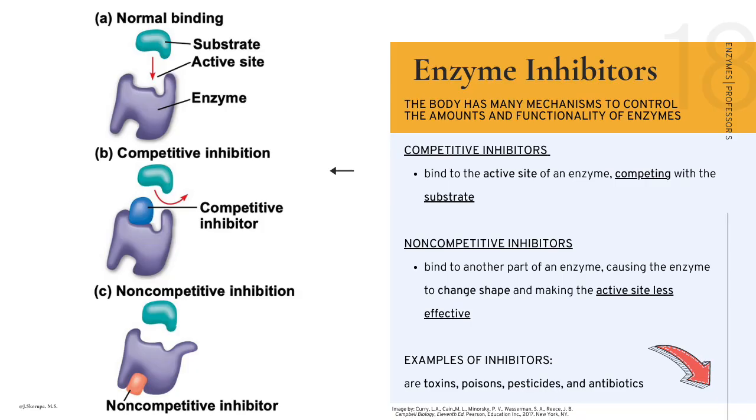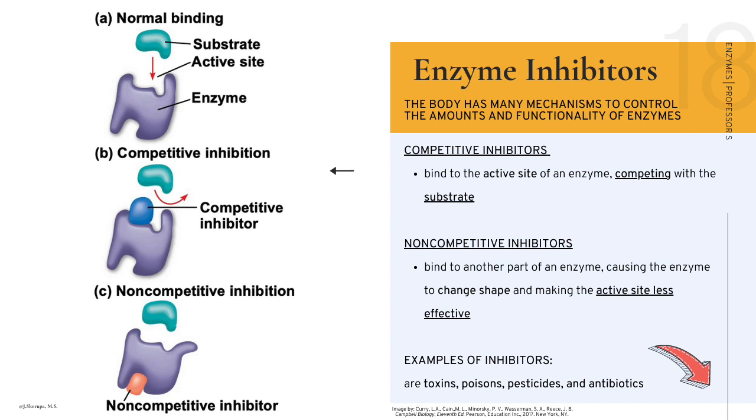We'll start with a basic model of enzyme inhibition. Enzymes can be regulated in ways that either promote or reduce their activity. Here we see two mechanisms to inhibit enzyme activity. Image A shows a normal enzyme binding to its substrate.